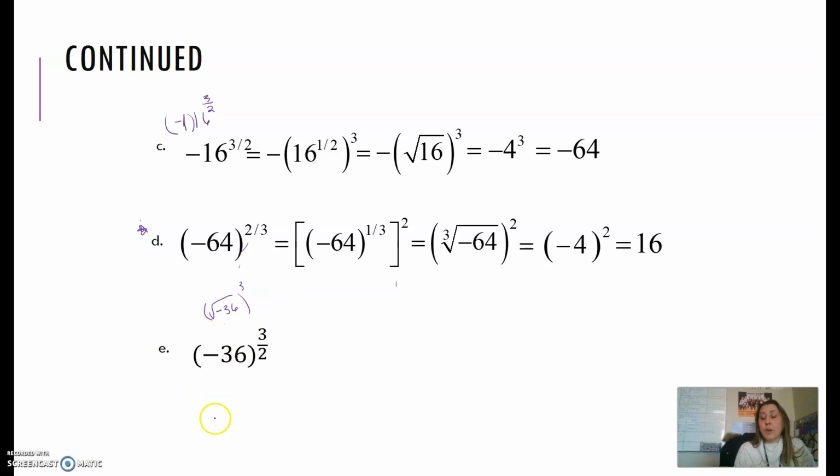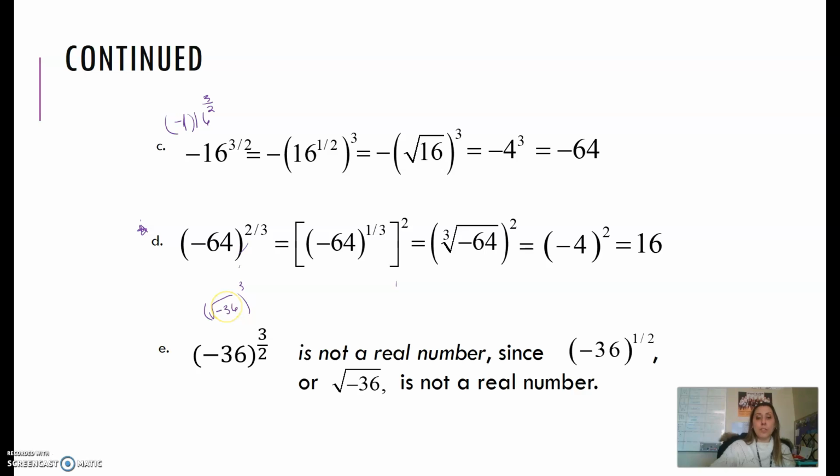Well, what is the square root of negative 36? Well, that's not a real solution. So then it doesn't matter. We're going to get a not real solution cubed, so then we just get no real solution. So it's not a real number since negative 36 to the 1/2 power, or the square root of negative 36, is not a real number. If you did not know that, make sure you get this in your notes.